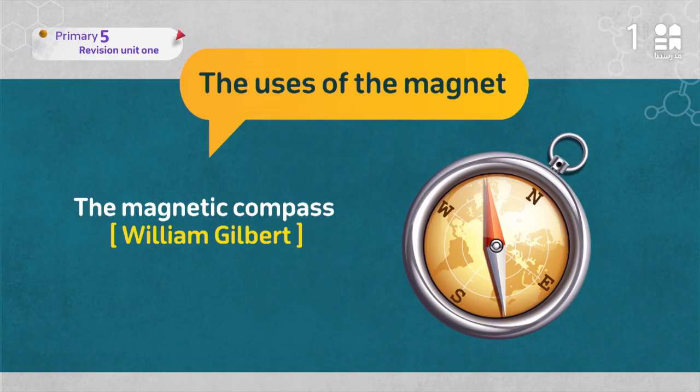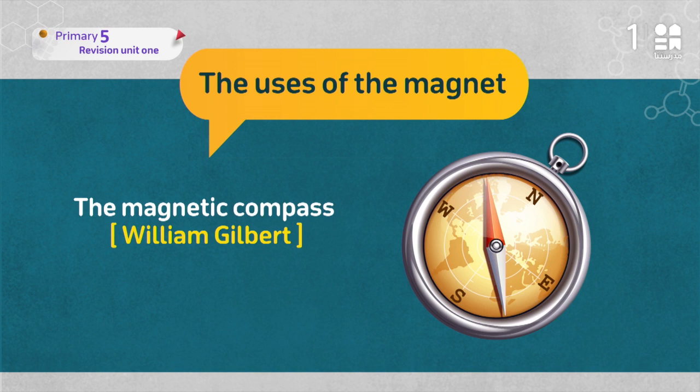And the scientist who made the compass is William Gilbert. Let's remember the name well. So the use of the magnet is for making the compass, and the compass is used to identify the main four geographical directions.